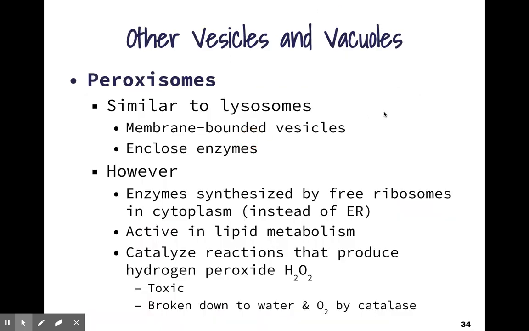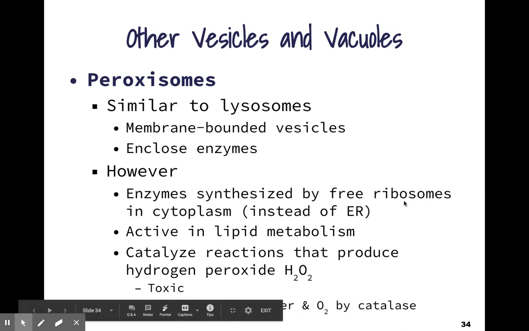All right, other vesicles and vacuoles that you're responsible for knowing. One is called our peroxisomes. Peroxisomes are similar to lysosomes in that they're membrane-bound vesicles that have enclosed enzymes. However, these enzymes are synthesized by free ribosomes in the cytoplasm instead of the ER.